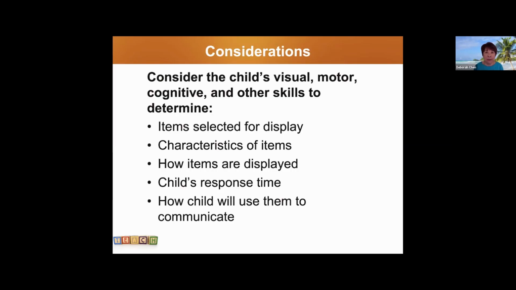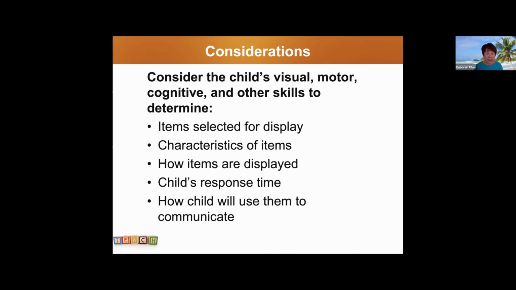When a child has CVI, we have to consider the child's visual, motor, cognitive, and other skills if we're using a visual display. So we need to think about the items selected for the display. How many of them? Is it just 1, 2, 3, or more? What are the characteristics of the items, how large they are, the colors?